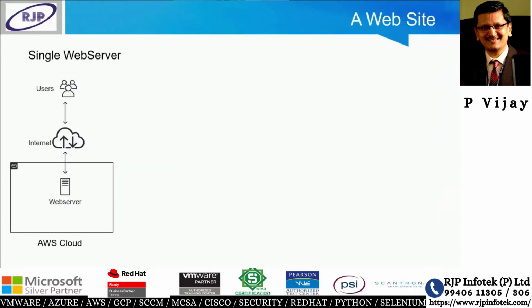Let's assume I want to go in for a single server. I'm going to do a test run, so I want a single web server. I'm going to host a bunch of things and make it available to users on the internet. I want it quickly provisioned because I don't have much time.